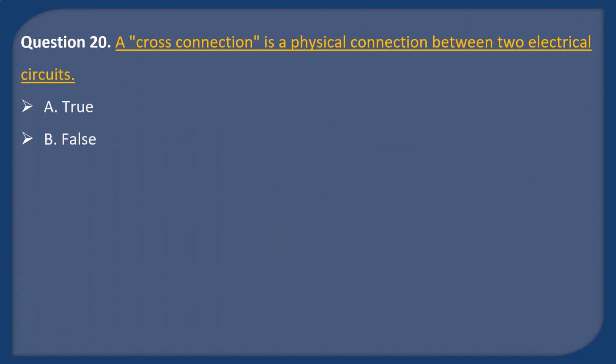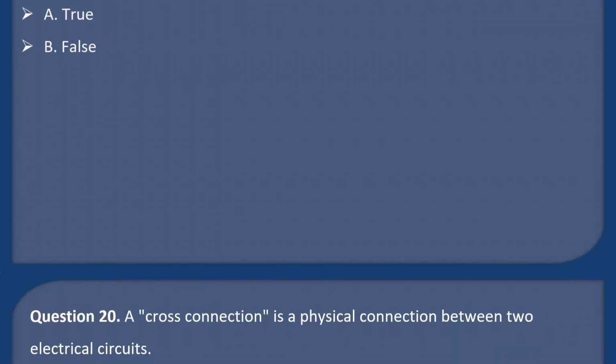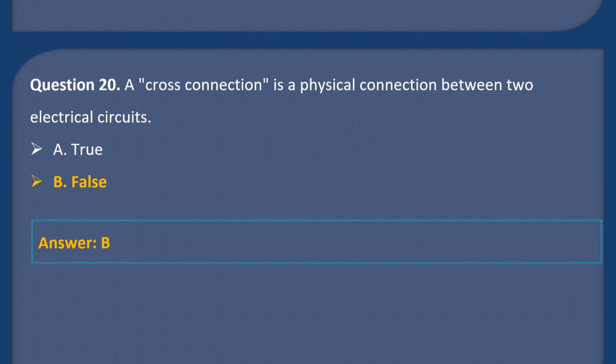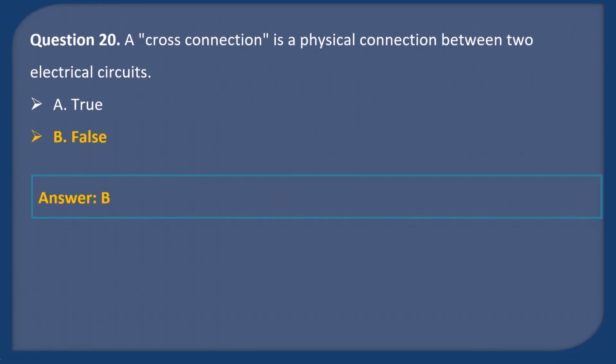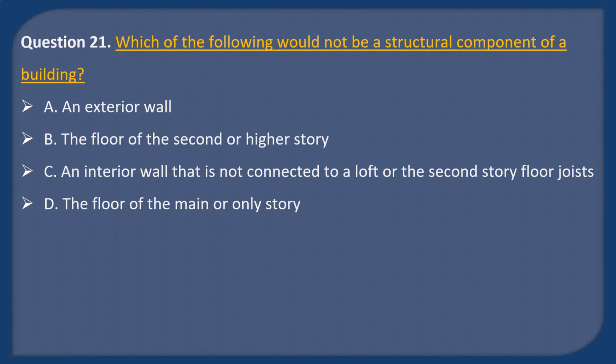Question 20. A cross connection is a physical connection between two electrical circuits. A. True. B. False. Answer B. Question 21. Which of the following would not be a structural component of a building?